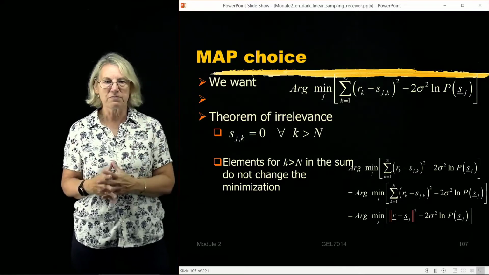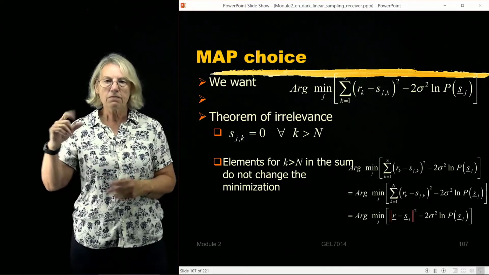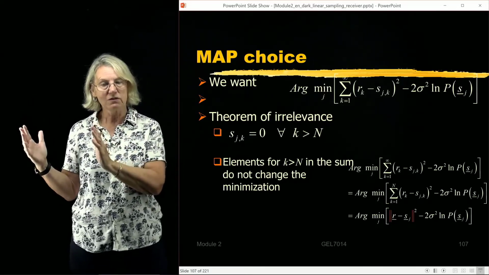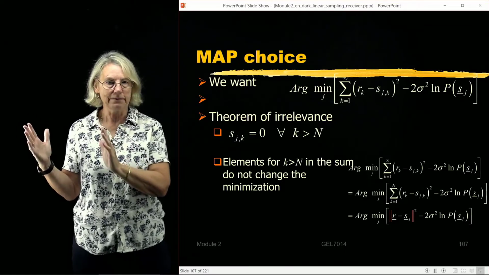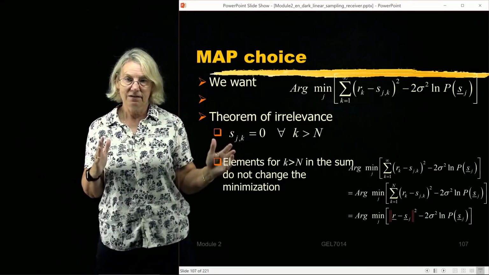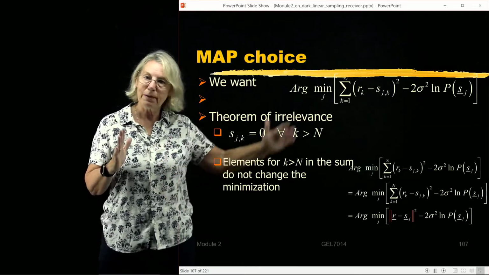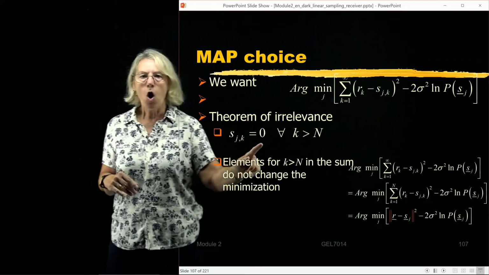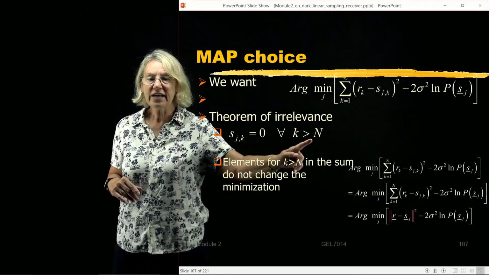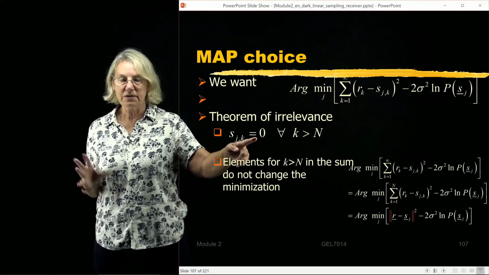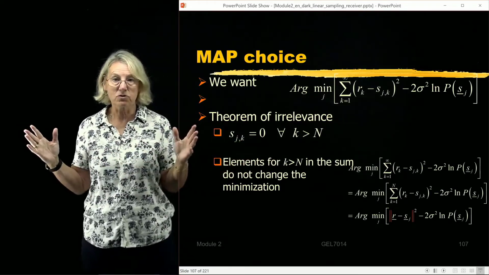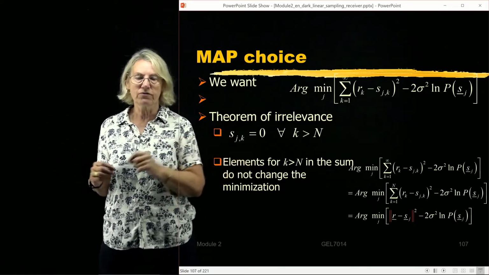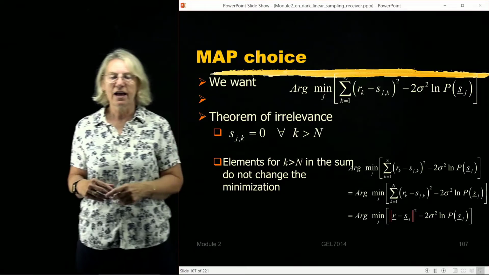So the theorem of irrelevance says, let's remember, the way we constructed this basis was to start with a signal space which had at most dimension m. Then we extended that basis to be able to cover any noise sample that might appear. But in doing this extension, all of the elements for k greater than n, in the vector for each one of the symbols, no matter which symbol, no matter which j, are 0.